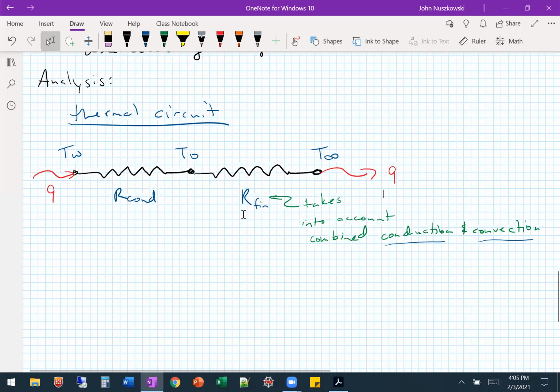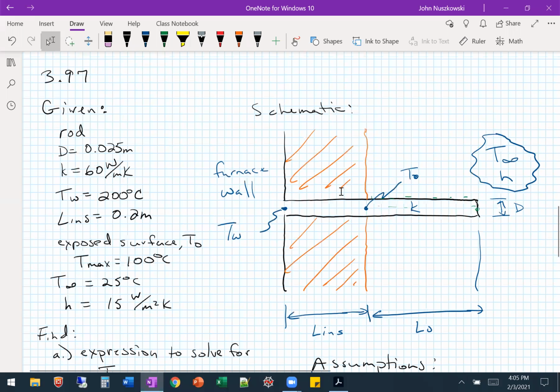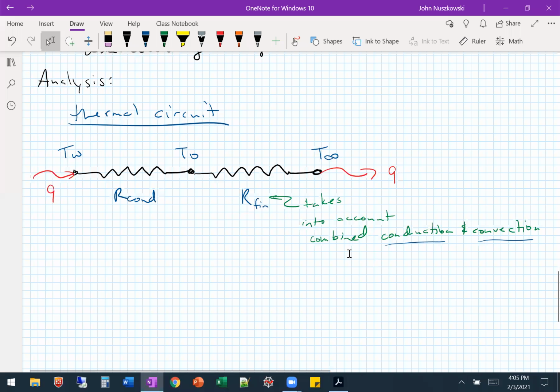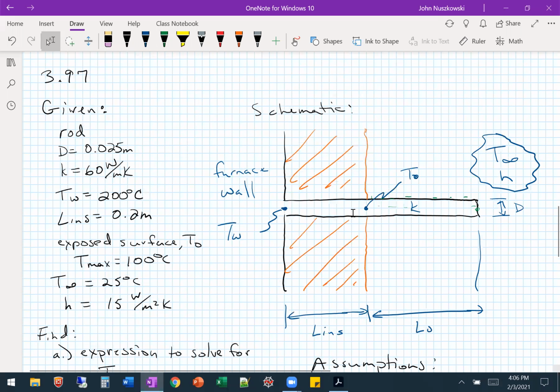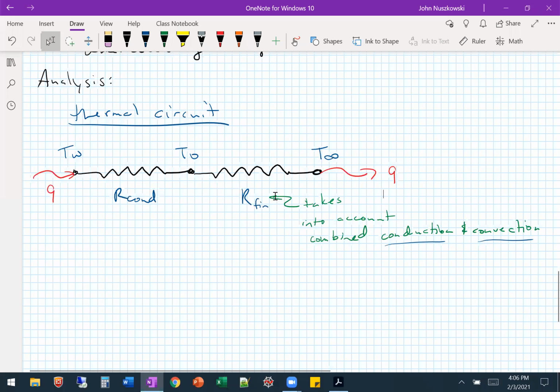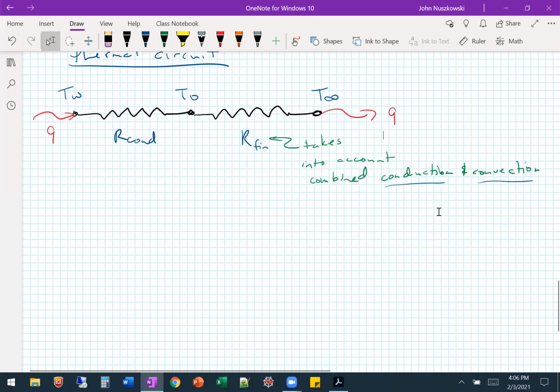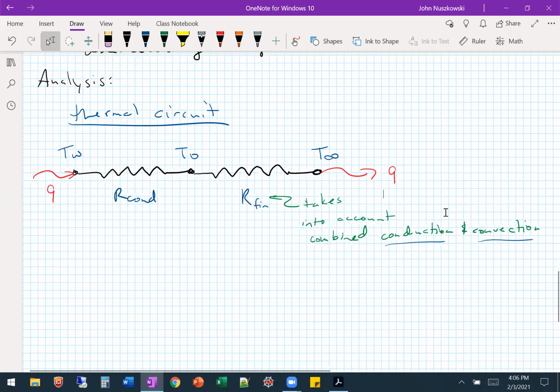So we have our heat going from the wall. It conducts to TO because we have the insulation making it just conduction through there. And then from TO to T infinity, we have the combined conduction-convection going on. So we have the resistance of our fin.